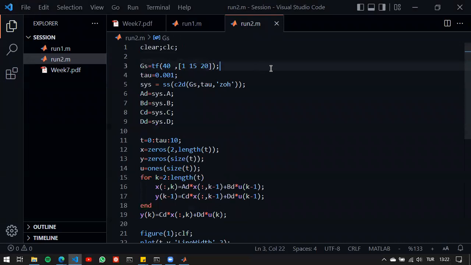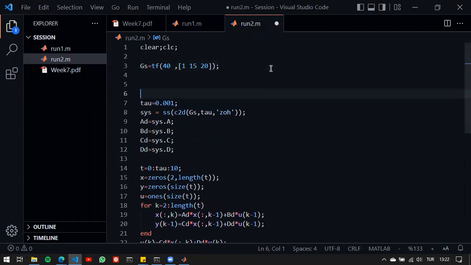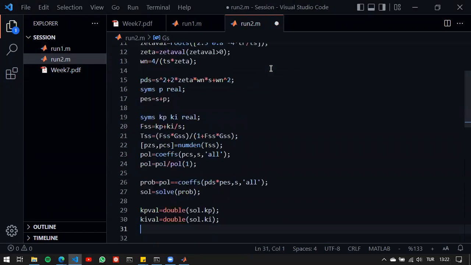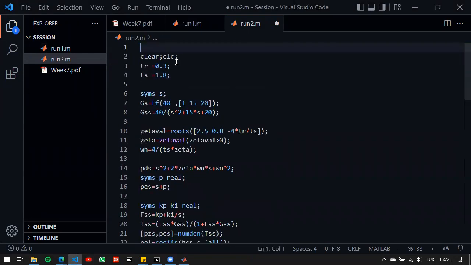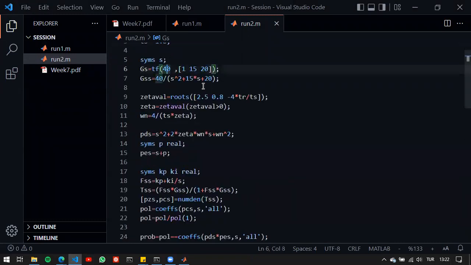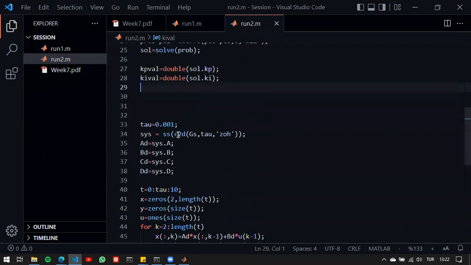Before we do anything, let's just design a controller here. So we define these, we design a controller, and then we begin simulation here.